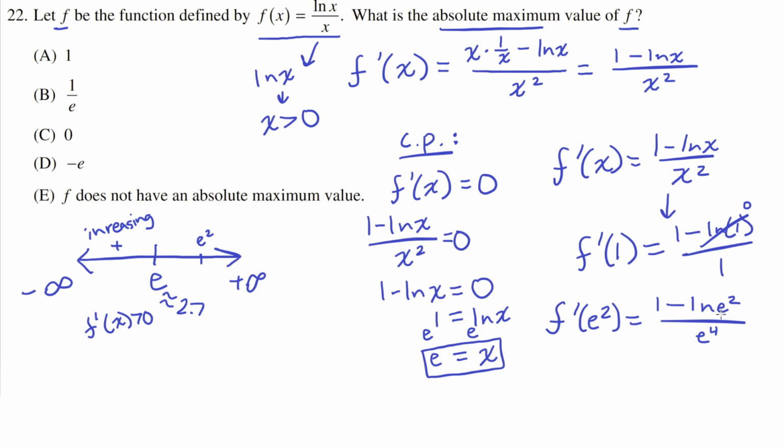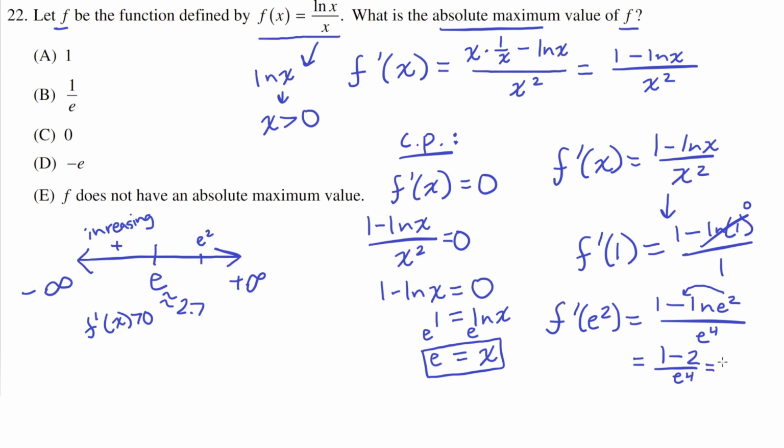And then for the natural logarithm of e squared, when we have the argument raised to a power, we can move it out to the front as a coefficient. The natural logarithm of e is just 1, and 2 times 1 is just 2. So we're just going to have 1 minus 2 over e to the 4th.